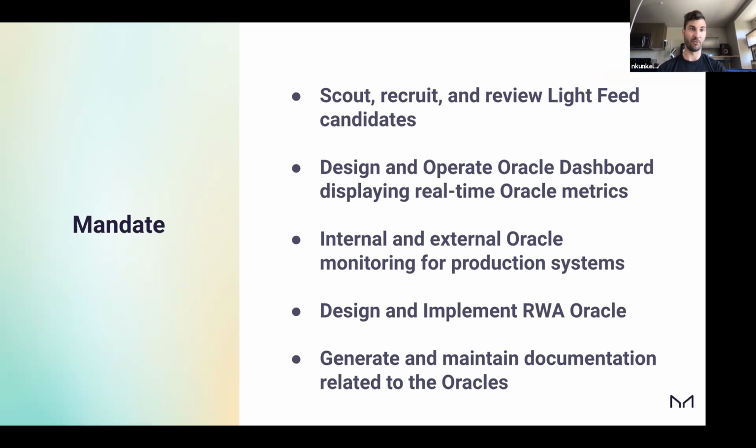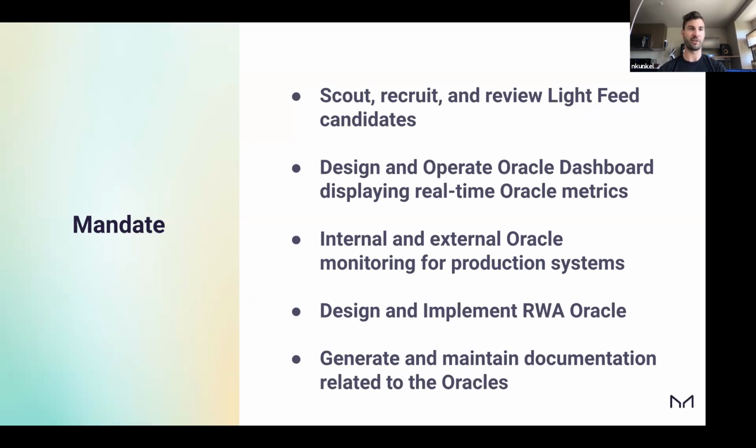And so one focus is going to be creating this Oracle dashboard that displays all of the Oracle metrics in real time, right? So everyone can see how performant they are, and everyone can see how trustworthy they are as well, right? How well they're performing.